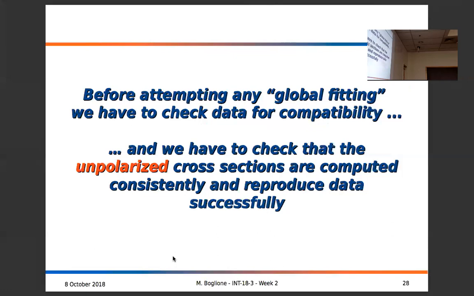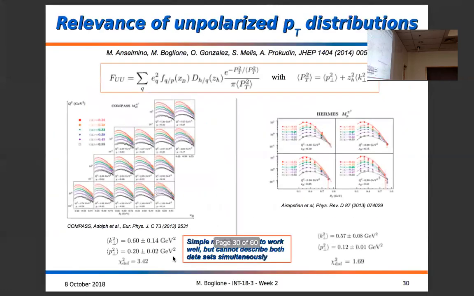And the answer is no, and we knew that because in the past, we attempted to fit the multiplicity data for HERMES and for COMPASS with our very simple model, totally trivial. And actually, we got good results when we fitted them separately, but we never managed to fit them simultaneously.